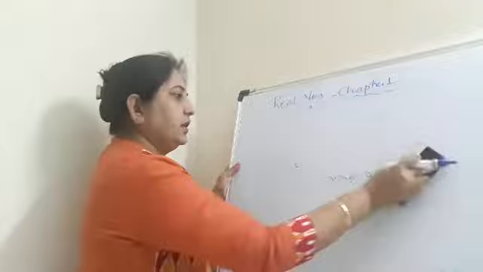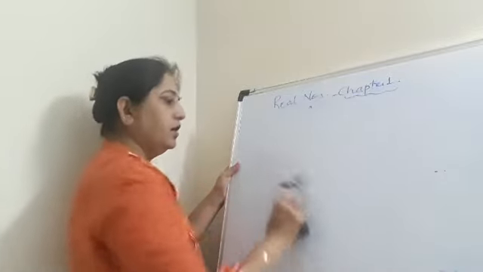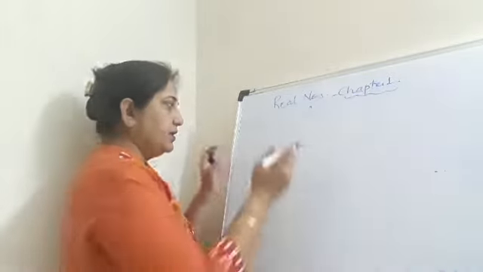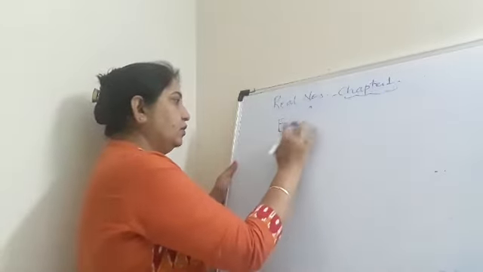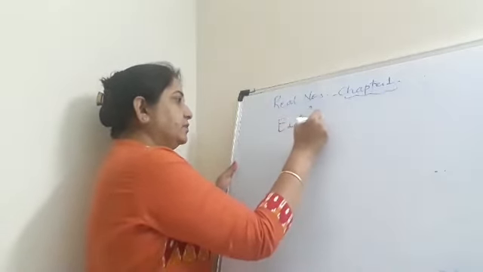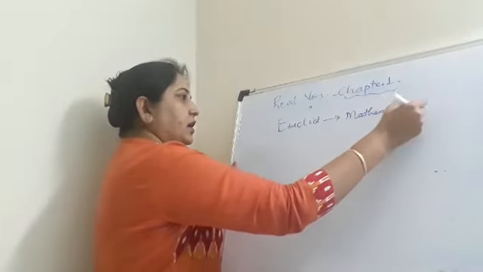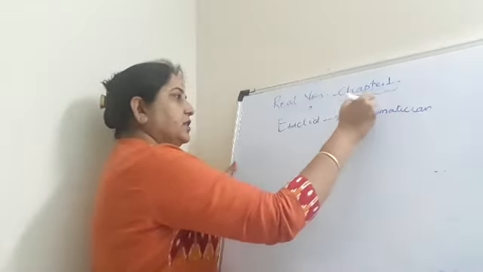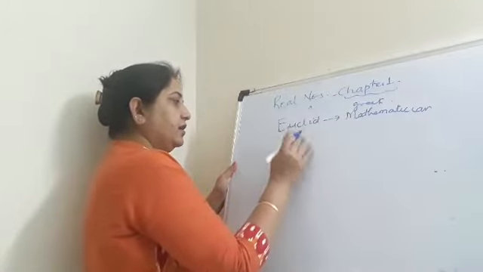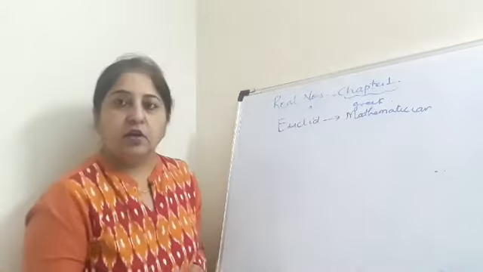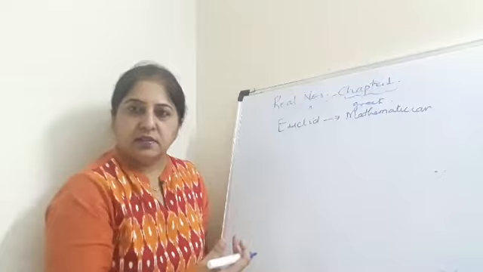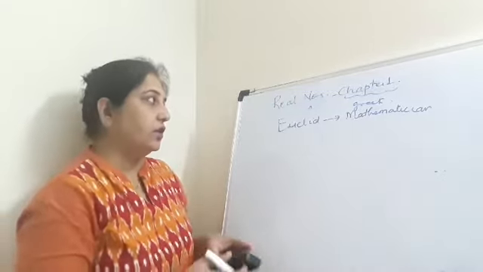Euclid's division algorithm. Now what is Euclid? Euclid is a name. I think you know, Euclid was a mathematician. Yes, he was a Greek mathematician, and he actually gave a division algorithm, and that we are going to discuss now. What is that Euclid's division algorithm?